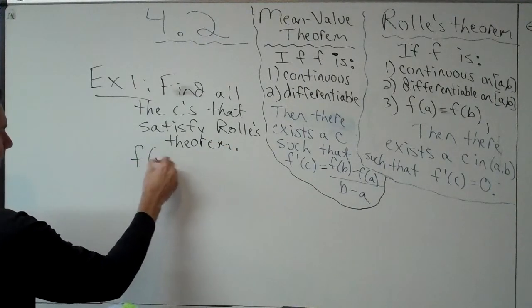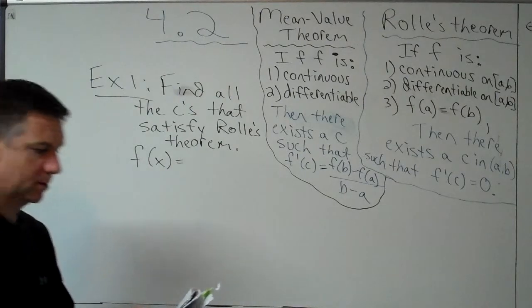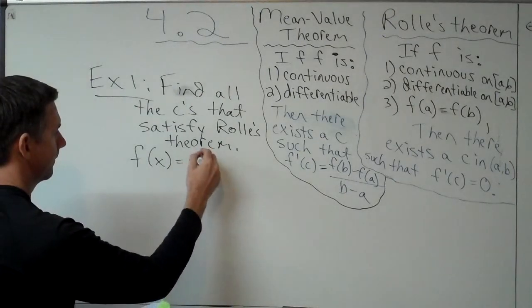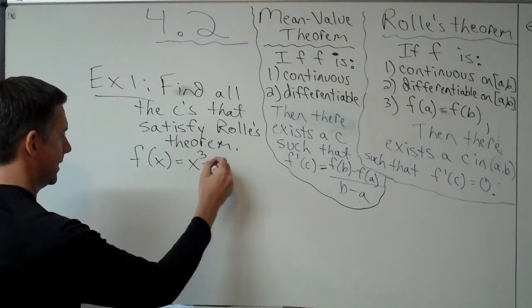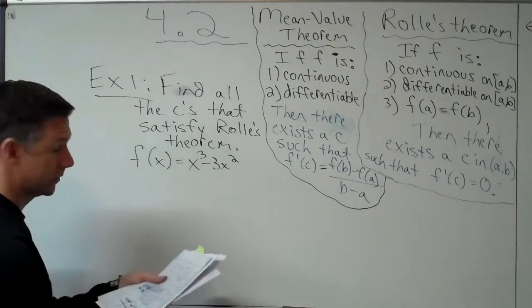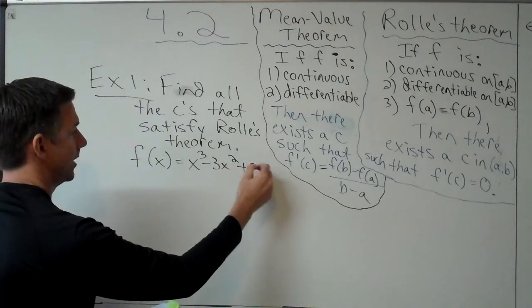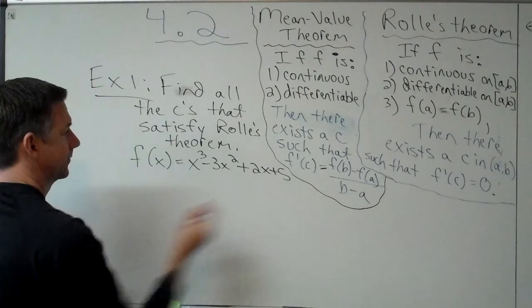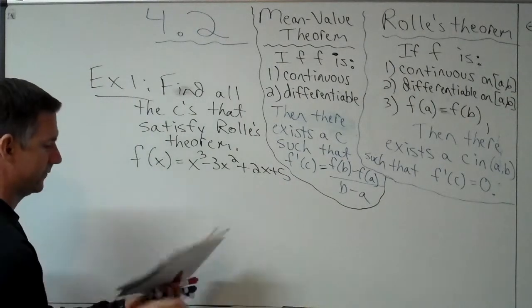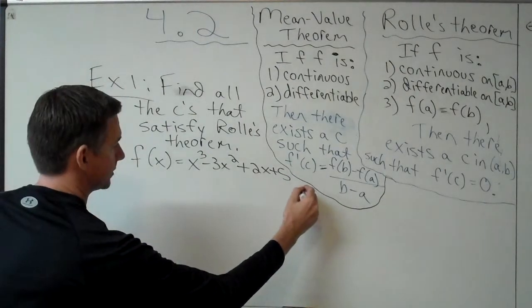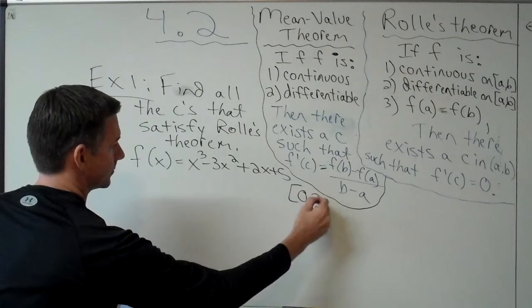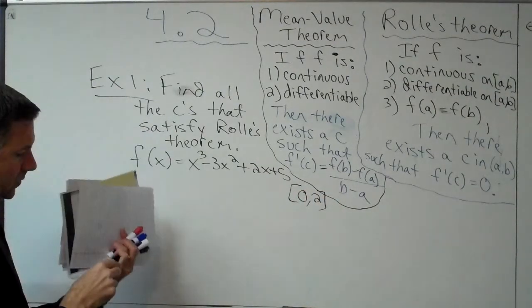So f of x equals x cubed minus 3x squared plus 2x plus 5. And then they'll give you an interval. So let's say the interval is from 0 to 2.